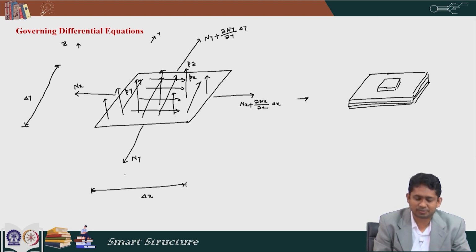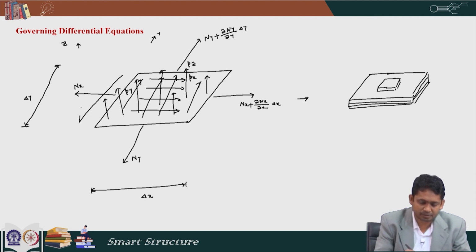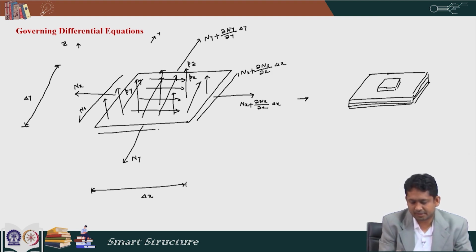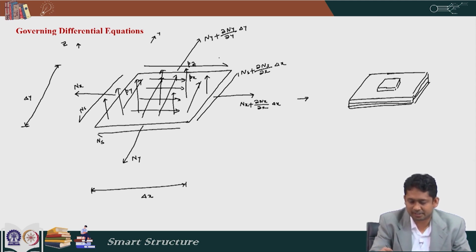So, these are the normal forces. There can be shear force. So, this is our shear Ns, and here it is Ns plus the increment. Similarly, here we have Ns and here we have Ns plus the increment.